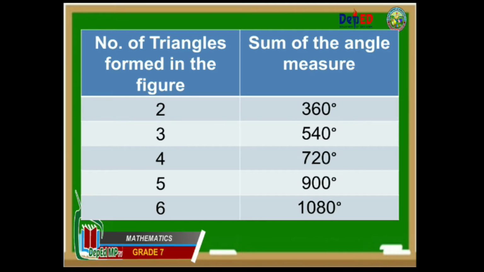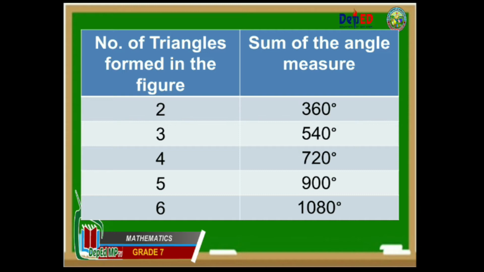Here are the answers. The number of triangles formed in the figure and the sum of the angle measure. We have here 2. The sum of the angle measure is 360 degrees. 3. 540 degrees. 4. 720 degrees. 5. 900 degrees.